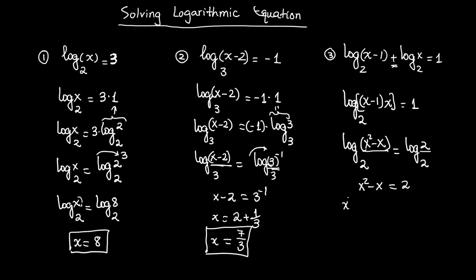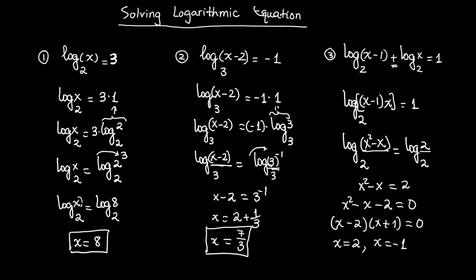Then I have x squared minus x minus 2 equal to 0. I just have to solve this equation. I can factor this, and then I have x equal to 2, x equal to minus 1, like that.